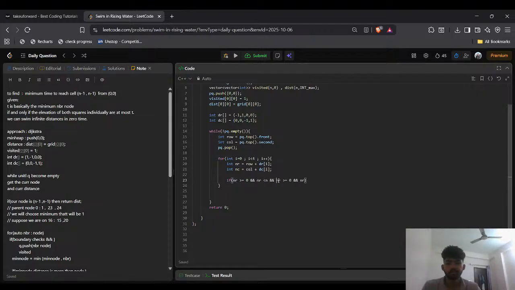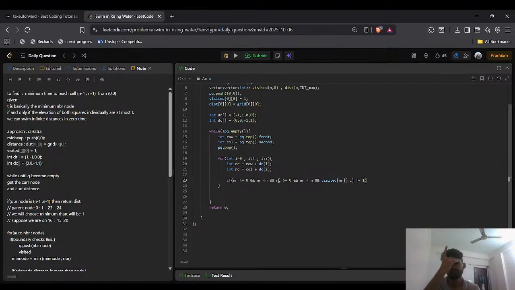I know I did this. New column equals to 0, I didn't copy that. This is fine. And we can simply set with if new row, new column is not equal to 1.